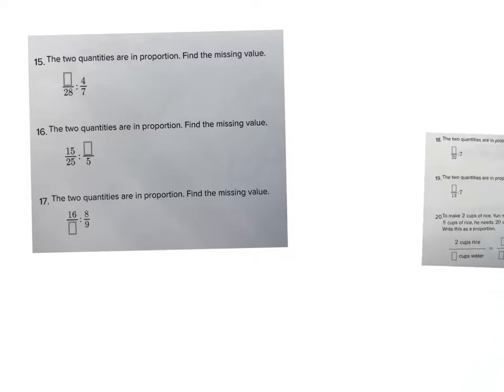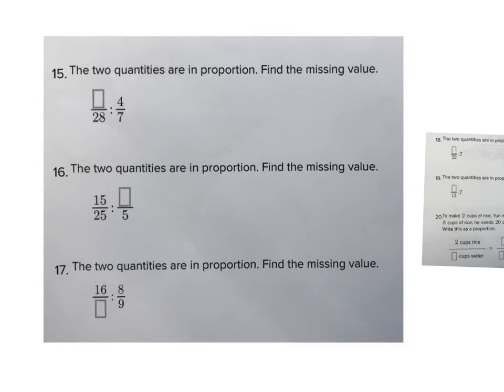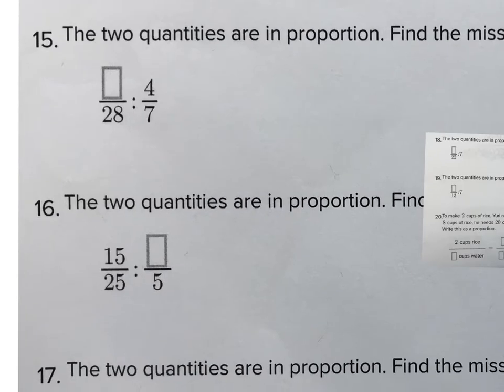15, 16, and 17 tell us that the quantities are in proportion and they ask us to find the missing number. Basically, you could either look for equivalency in fractions, figure out what you did to the numerator and do the same thing to the denominator, or you could do the cross products. If you say this is X, you know they are in proportion, so they're equal.